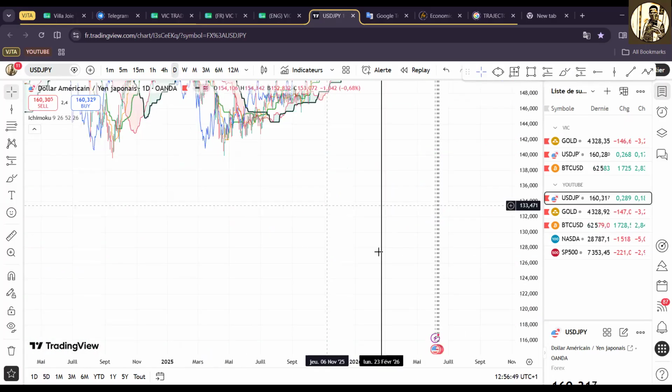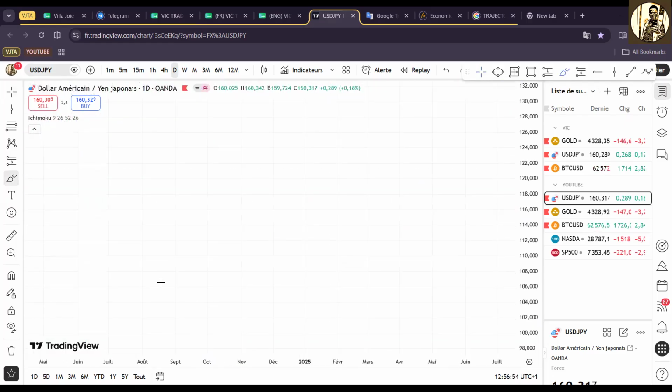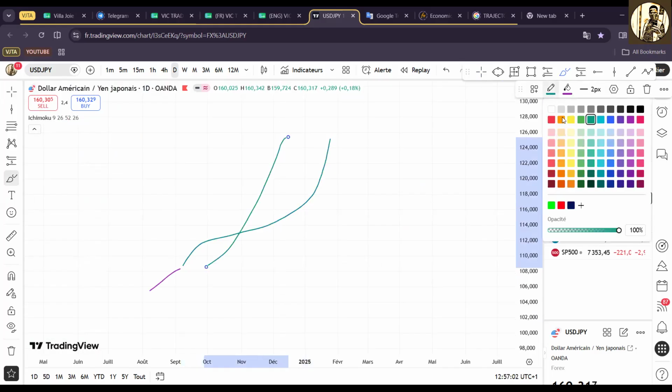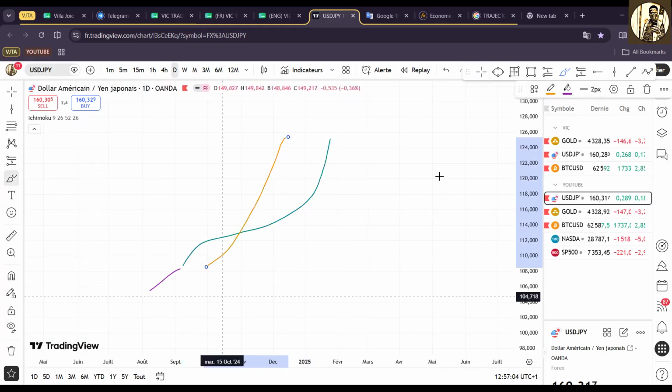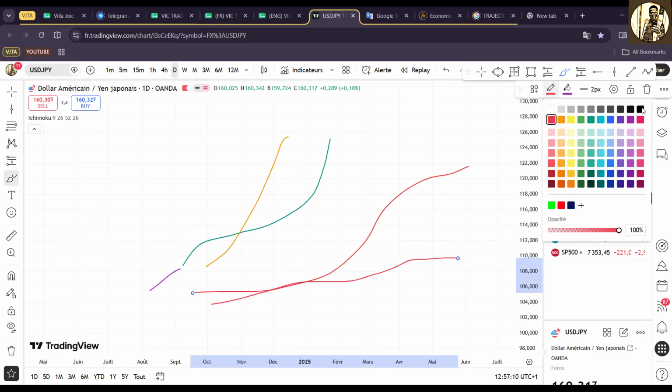Because what I call line theory is that, right? Ichimoku has 4 lines that the price touches: Tenkan line, Kijun line, SSA, SSB.